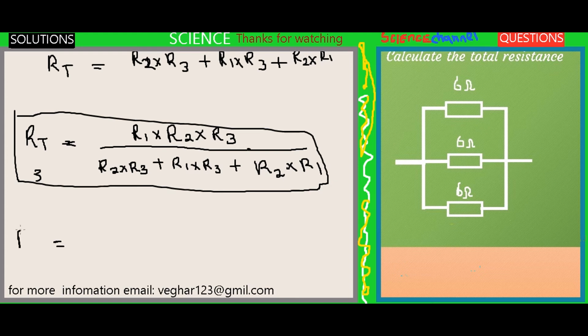Now, was the value of the answer that we got from there correct? So we have something like this, 6 times 6 times 6, so this is R1, R2, R3.